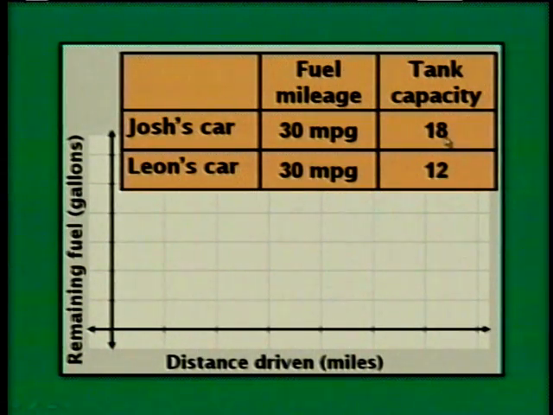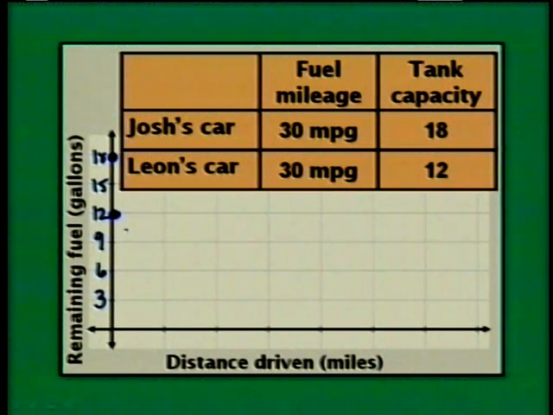If I look at my vertical axis, I have 1, 2, 3, 4, 5, 6 tick marks. I think I'm going to use a scale of 3. So I have 3 gallons, 6 gallons, 9 gallons, 12 gallons, 15 gallons, 18 gallons. So I'm going to draw the vertical intercepts of both of these graphs.